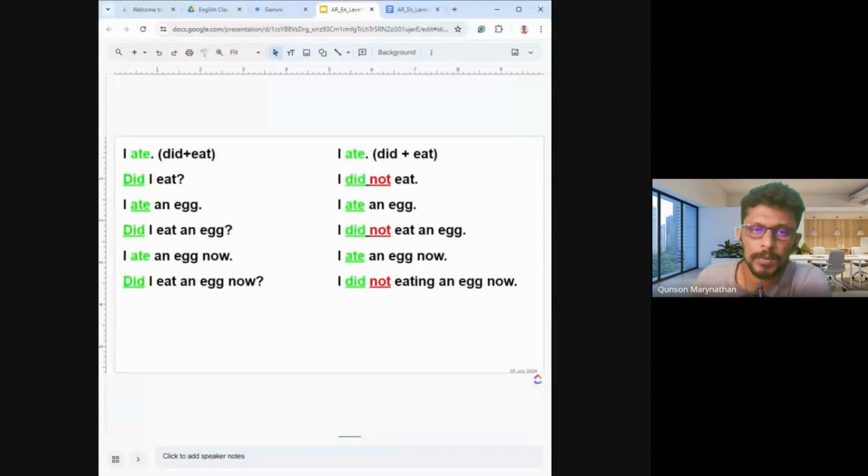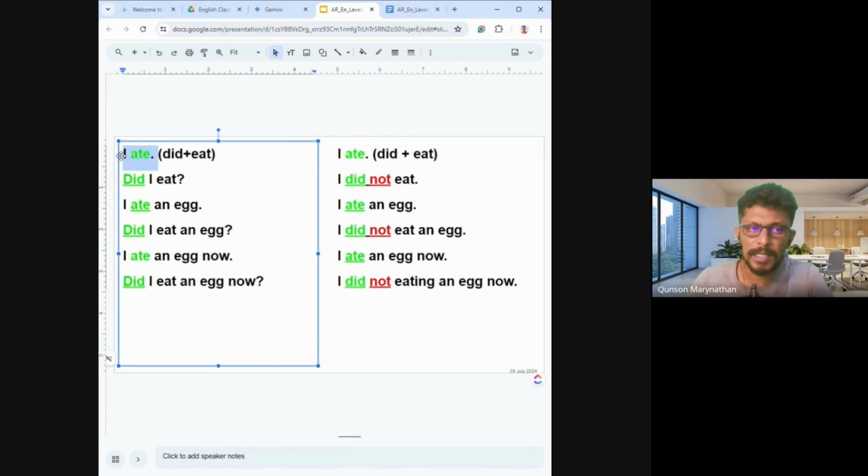And now we understood the structure of a simple past tense. Okay, maybe I'll repeat. So we looked at the structure of the simple past tense. And then if you want to make a question from a simple past tense statement, for example, I ate, there is one subject, that is I, and there's one verb, that is ate.